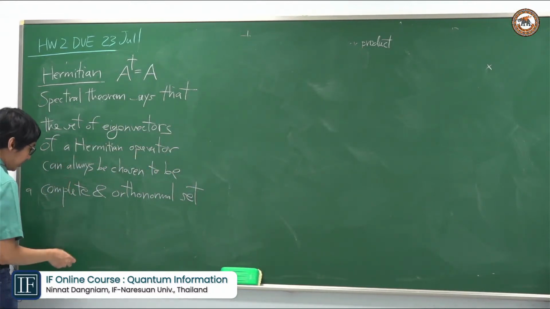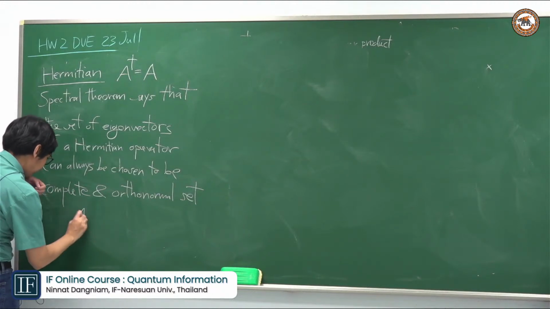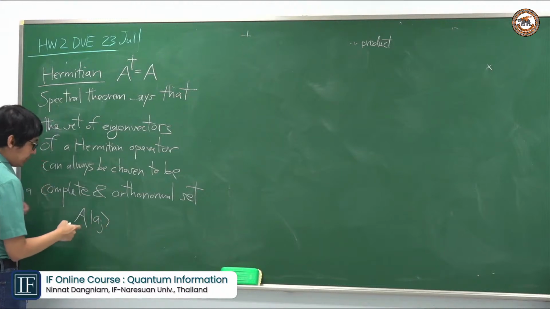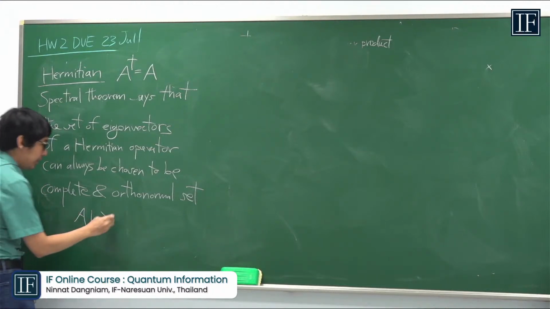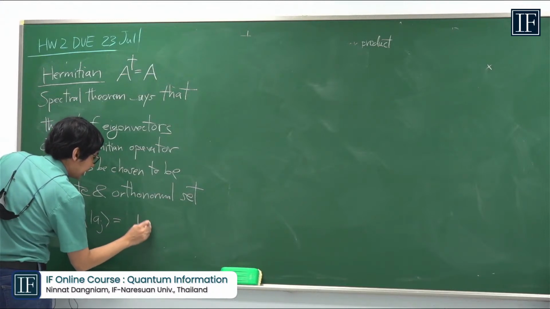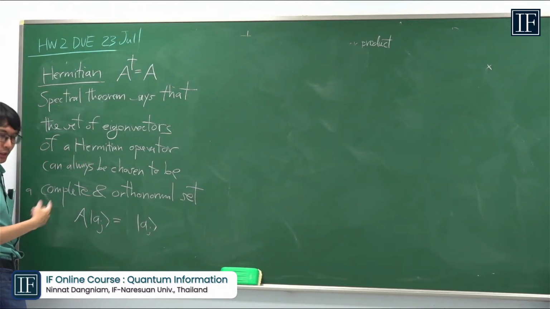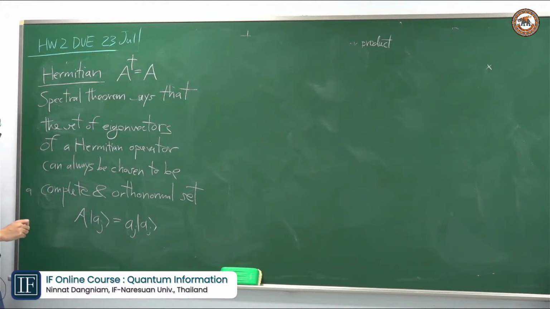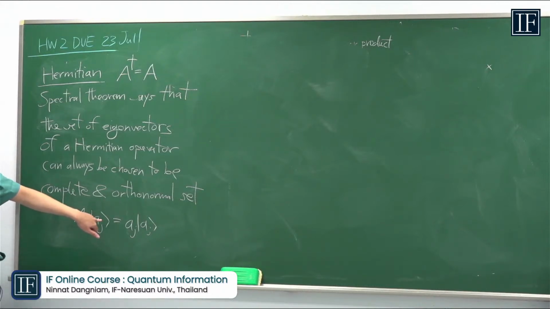Of course, we know what eigenvectors are. So if I denote the j-th eigenvector of A just by little a_j, then this is just the eigenvalue equation, right? I just use the Sakurai notation and use the same label for eigenvalue and eigenvector. And this here just means that I can choose this set of a_j to be an orthonormal basis.